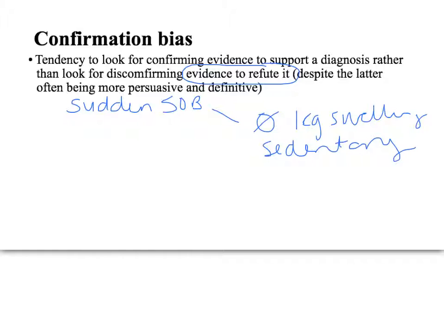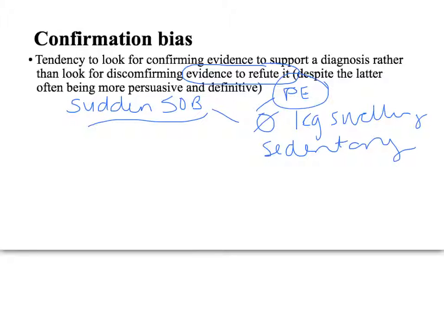They had nothing that was pointing to a PE. But because the patient was saying it was sudden, you were locked in on PE, right? You were ignoring there was evidence to refute the PE instead of saying, oh, well, the patient's presenting with signs and symptoms that don't add up to PE, so let me look at something else. Does that make sense?